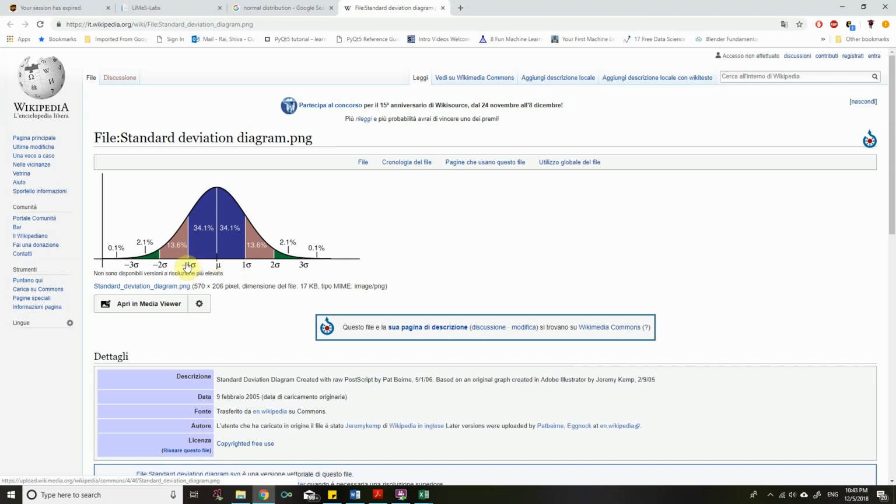So here you can see that this is the mean and this distance is 1 standard deviation to the right and 1 standard deviation to the left. From 1 standard deviation to the left up to 1 standard deviation to the right, we will get approximately 68% of all the data.